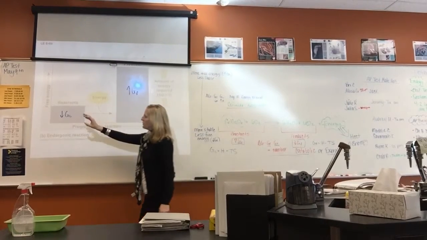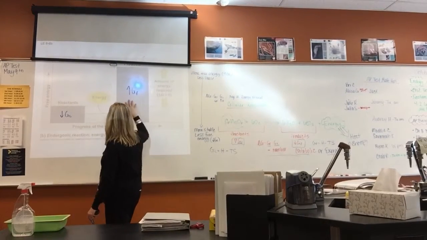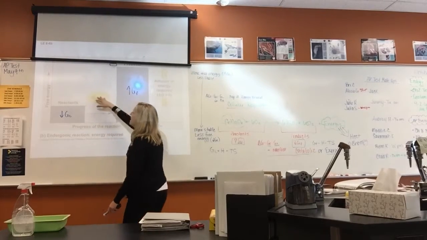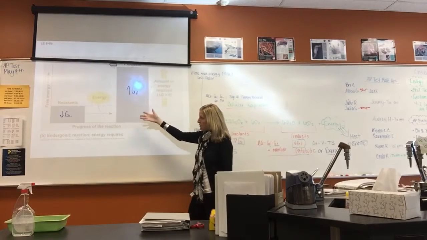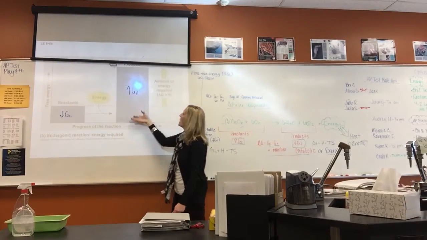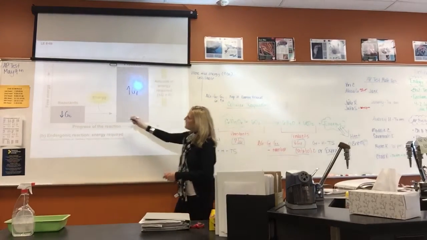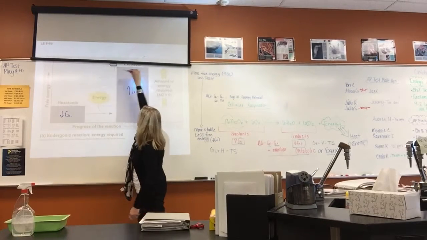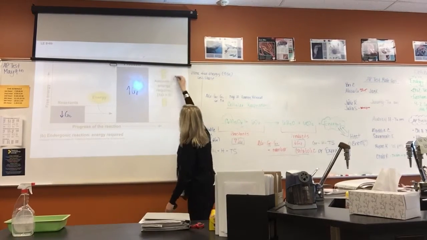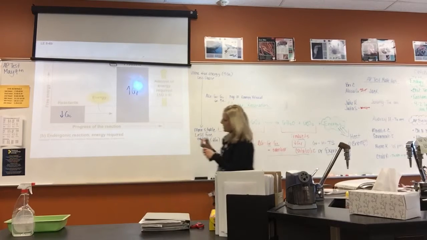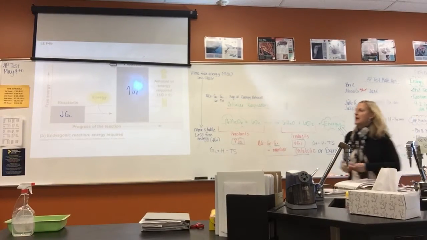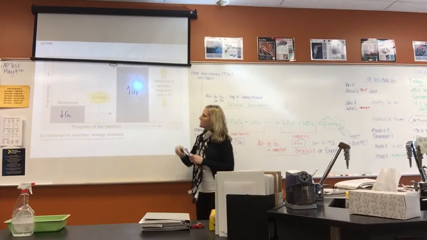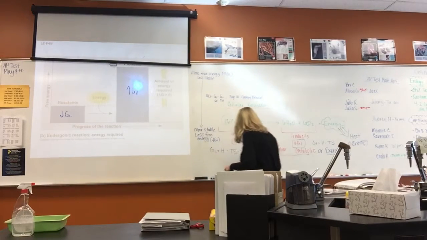Where does the energy come from? How do molecules that don't have a lot of energy end up as molecules that do? That's your input of energy from the environment, because energy can be neither created nor destroyed, so it has to come from somewhere else. Therefore the difference between the free energy in your products and reactants, G final minus G initial, is the amount of energy required, and this is greater than 0, so it's always going to be a positive number.